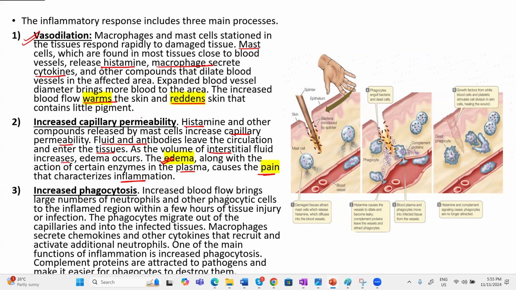Now because of the increased blood flow, a large number of neutrophils and other phagocytic cells come and do phagocytosis. As phagocytosis goes on, slowly the inflammation will subside, and growth factors from white blood cells and platelets will stimulate cell division and bring about healing. So this is the way healing is done.